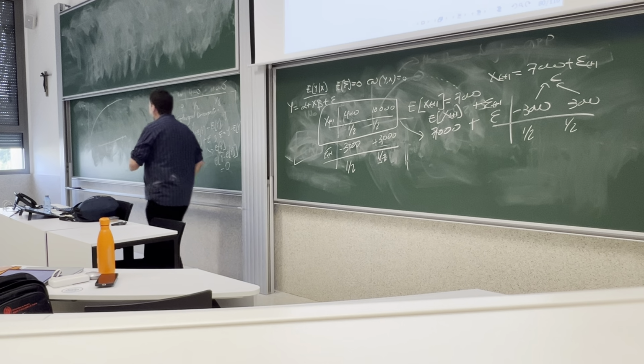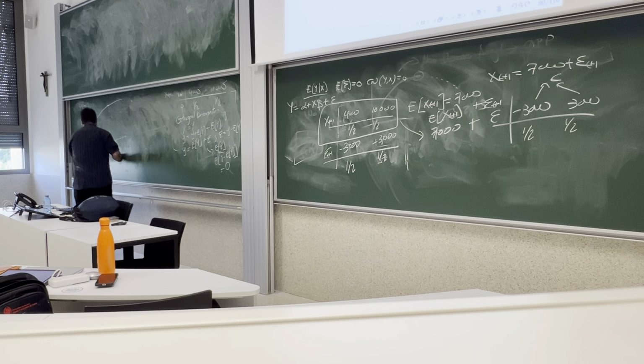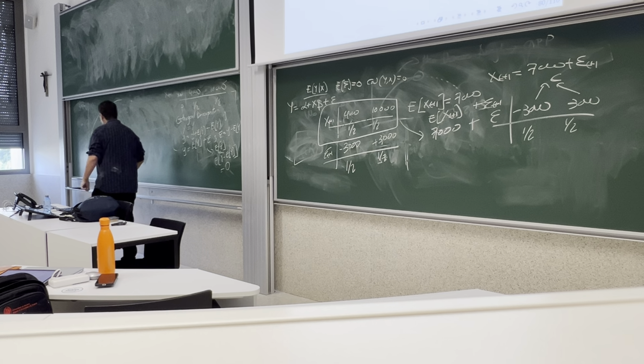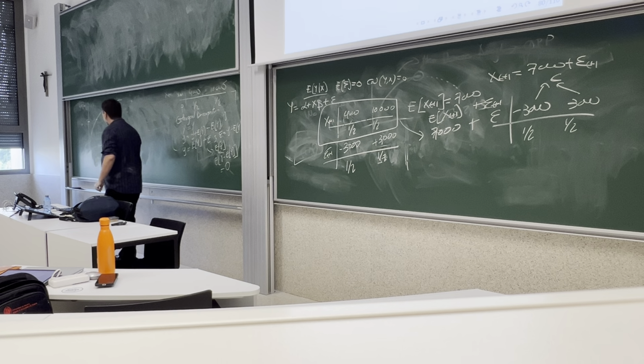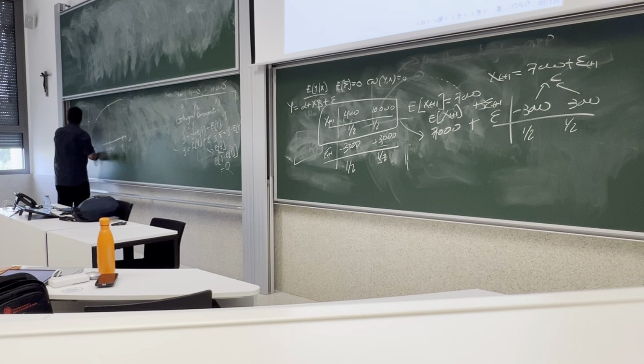So down there, he will get the expected value minus C. And if he picks this value, this is the utility that he's going to get. If this is what happens, and that will happen with 50% chance, he's going to get this much. So this is going to be the utility evaluated at the expected value of x_{t+1} minus C.